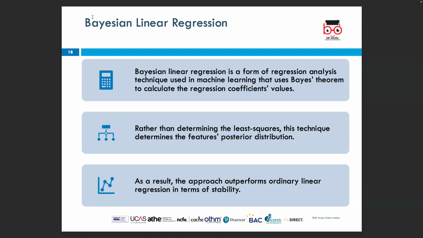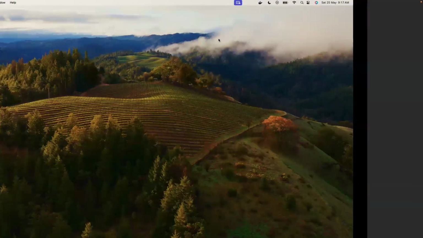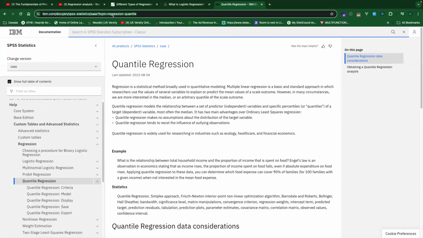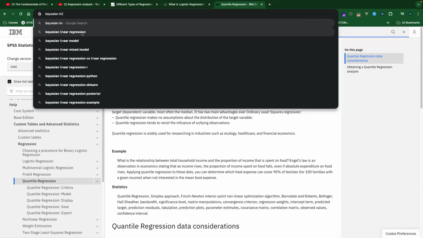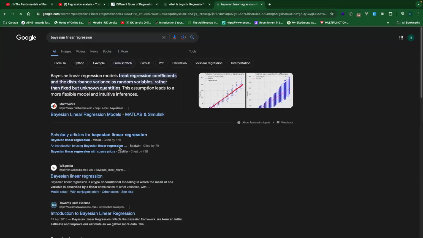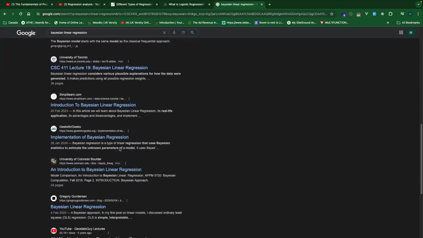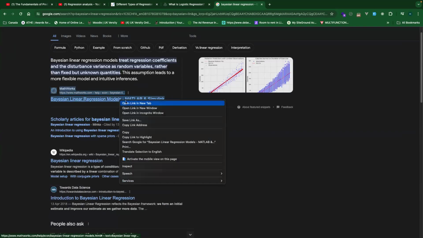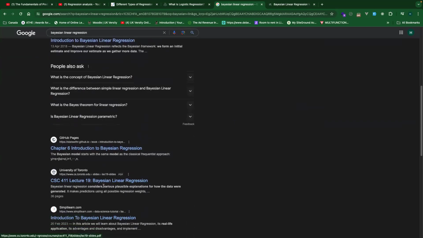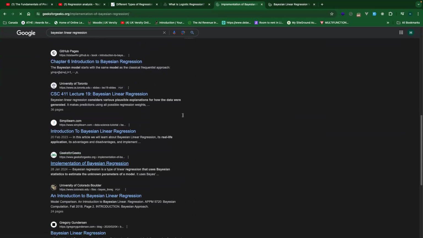So this outperforms the normal linear regression that we'll be looking at all morning. Just for your reference, you can look at what Bayes. And then I love the IBM website. Hopefully, oh no, you can't see the IBM website. So let us look at this. One of my favorite websites is this.